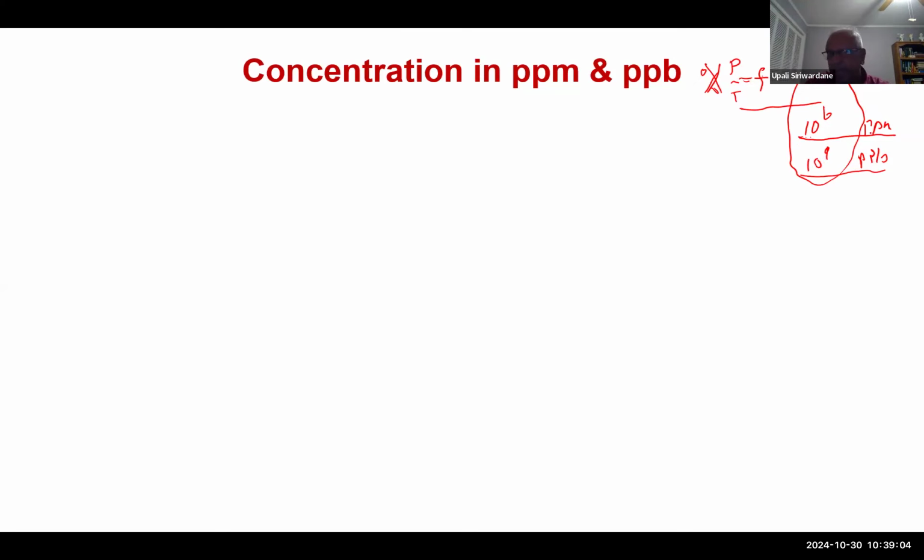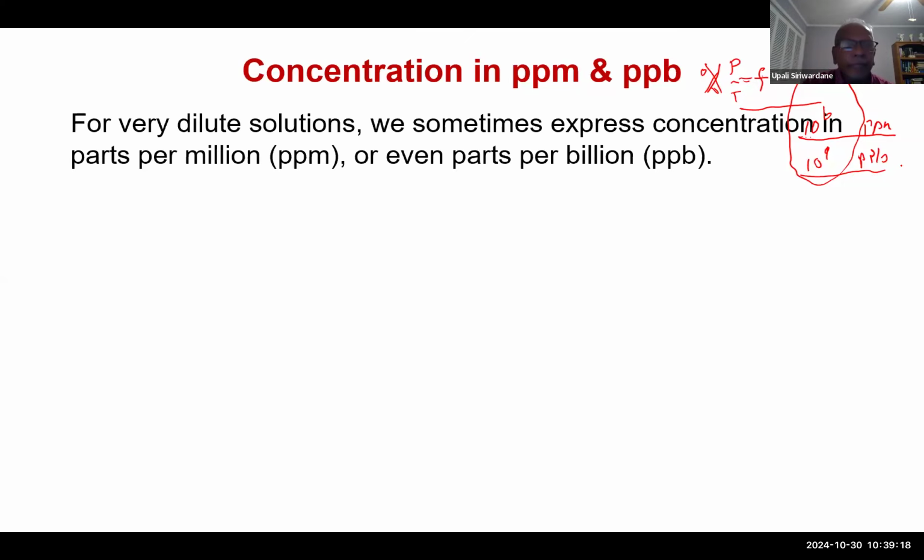We use either ppm or ppb, depending on the concentration. The lowest concentrations are expressed by ppb, parts per billion. In a very dilute solution, meaning the solute component is very small, parts per million or parts per billion are used.